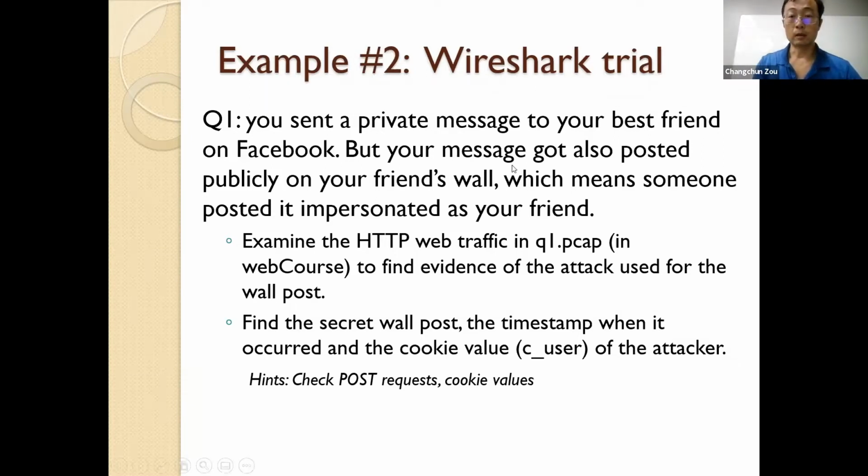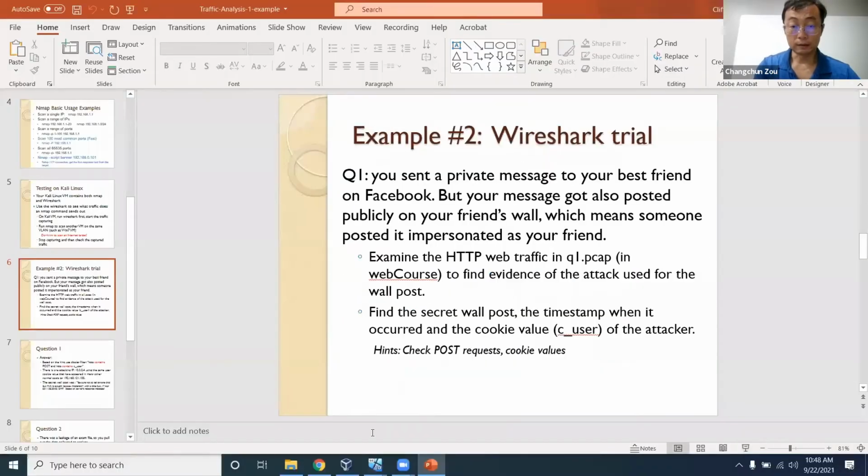But in the beginning, Facebook supported HTTP traffic, which made it possible to use Wireshark or other network software to capture the traffic. This one shows that someone impersonated your friend and posted a message to you. So that is the example.